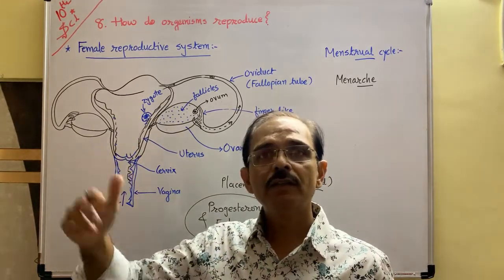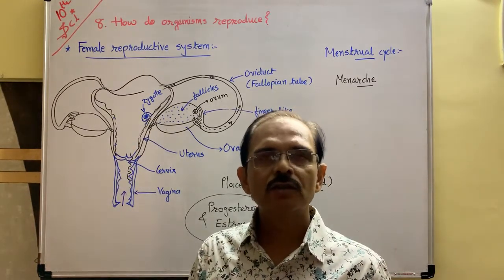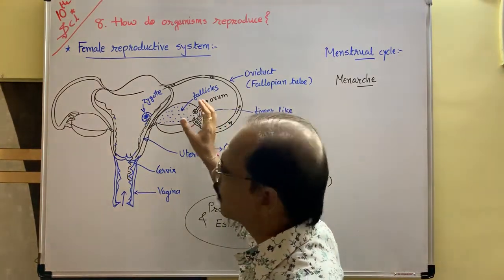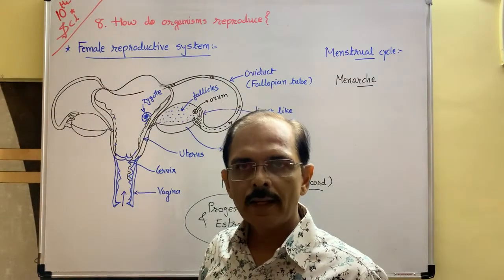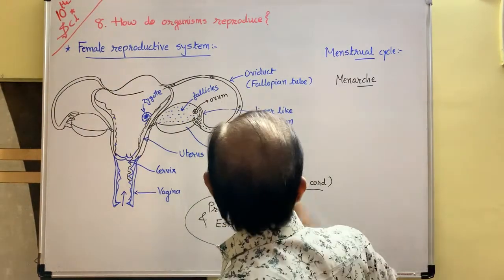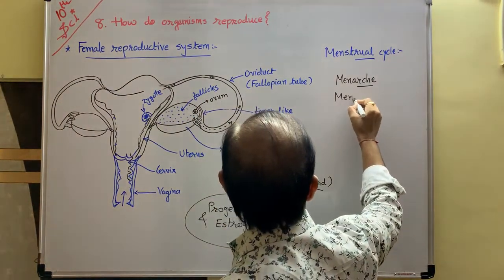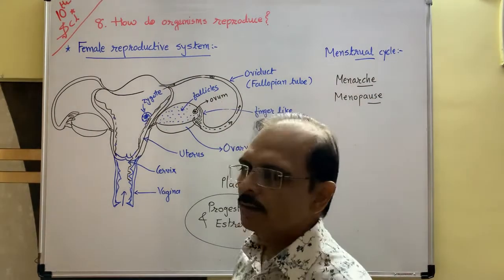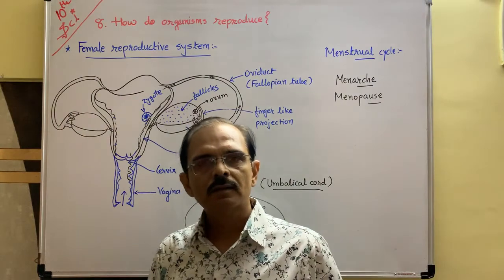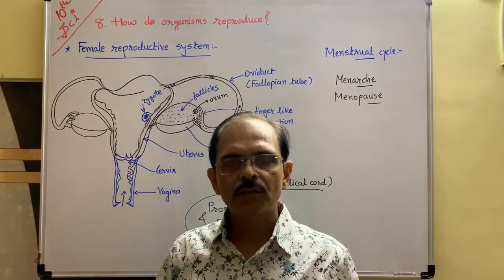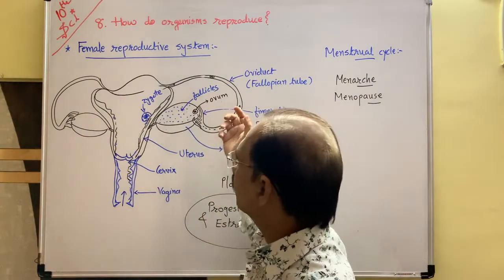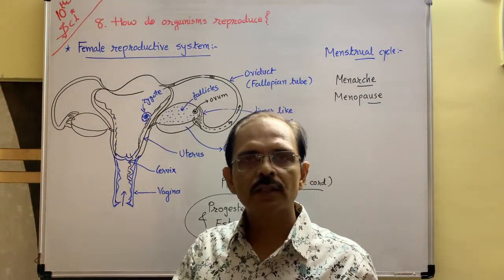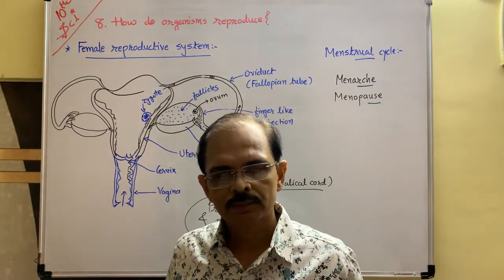After 45 years of age, this menstrual cycle will stop naturally, meaning production of ovum stops. Right? This stage is known as menopause. Menopause is the stage or age at which production of ovum stops. Right? And so the menstrual cycle also stops.